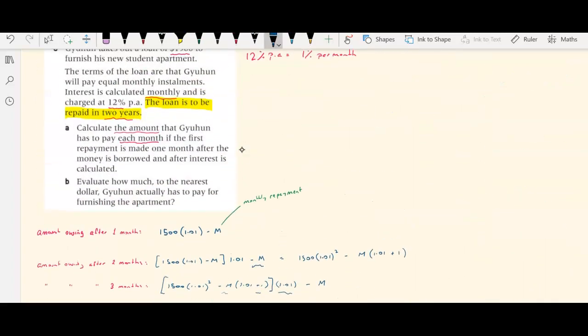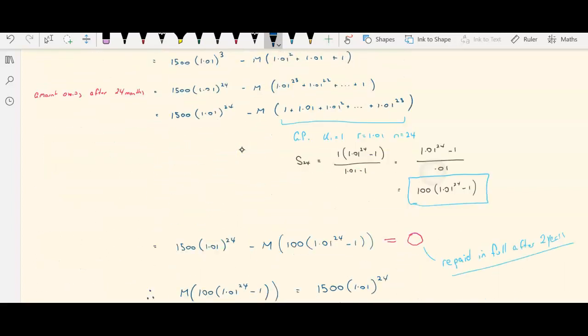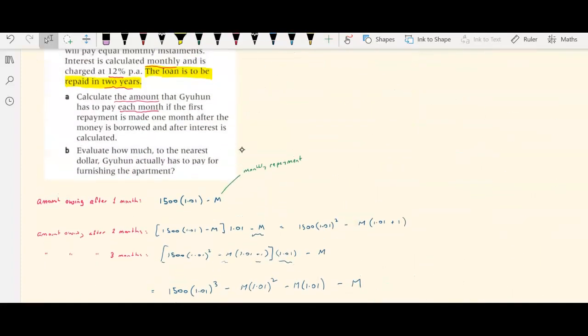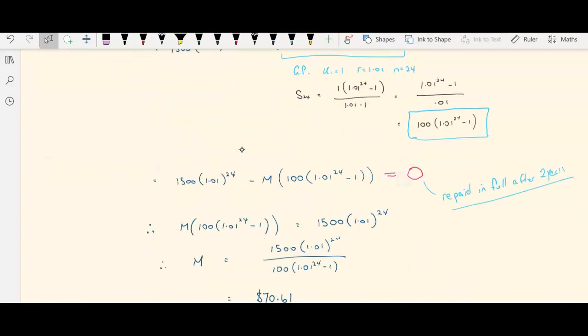Now, there was another question. Varied how much to the nearest dollar? Make sure that's okay. Gi-hun actually has to pay for finishing the apartments. What that means is he's paying that each month. So he's doing that for 24 months. So if you multiply that by 24, I think we get 1695. So therefore, actual cost, if that's the wording, value how much he actually has to pay for furnishing the apartment.